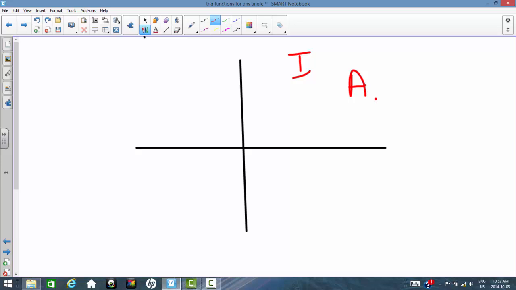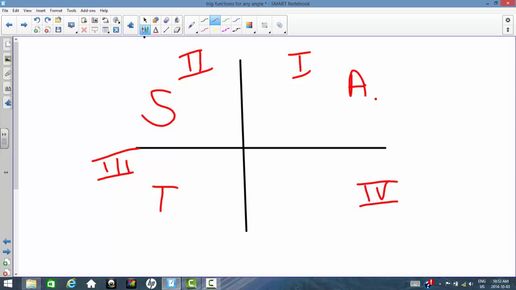In the second quadrant, only sine was positive. In the third quadrant, tan was positive. And in the fourth quadrant, the cos was positive. You can go back and check this for yourself if you want.